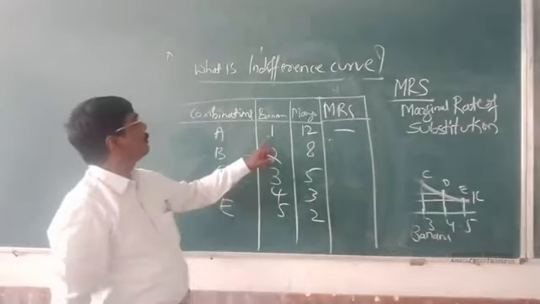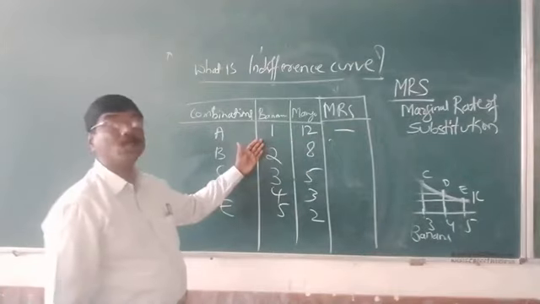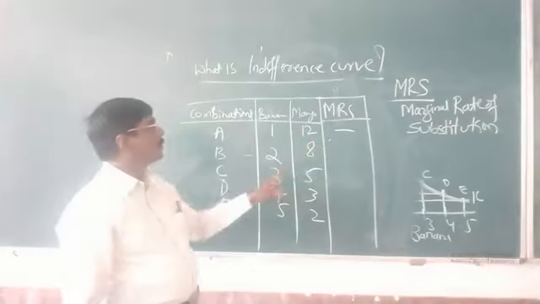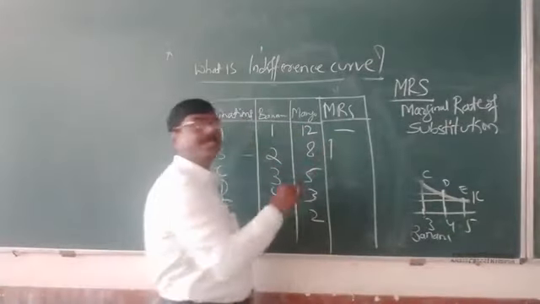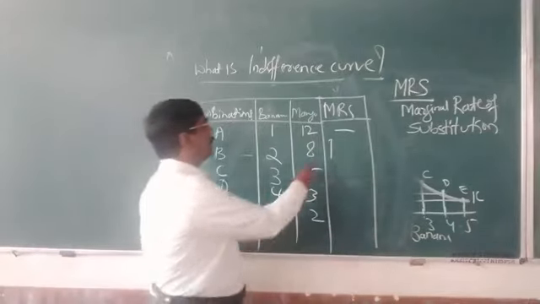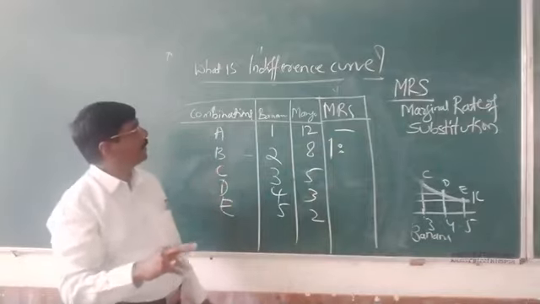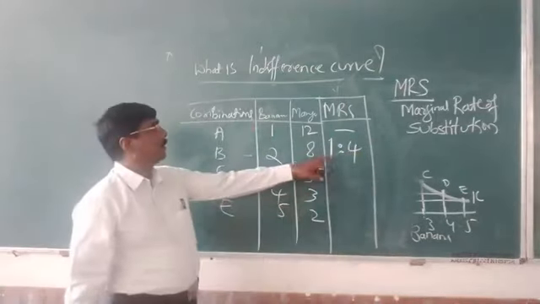A combination, 1 banana and 12 mangoes. And next, in order to get more mangoes, how much is he ready to sacrifice? He is ready to sacrifice 1 banana to get 4 mangoes.